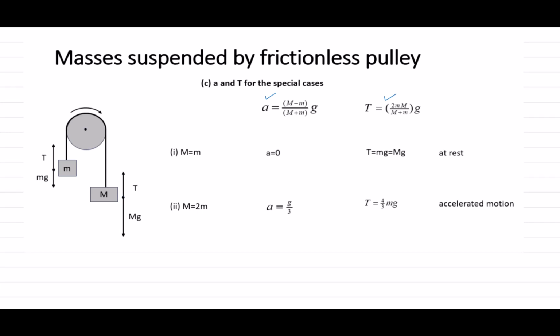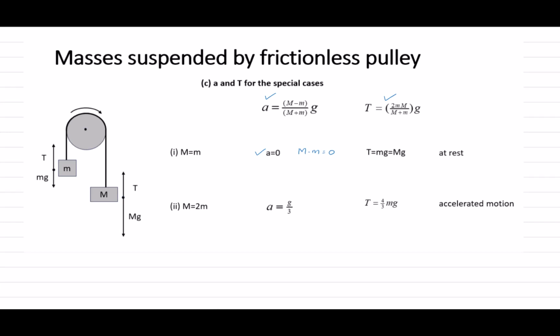So for the first special case, when the two masses are equal, obviously the difference of the two masses will be equal to 0, and therefore the acceleration will be 0.